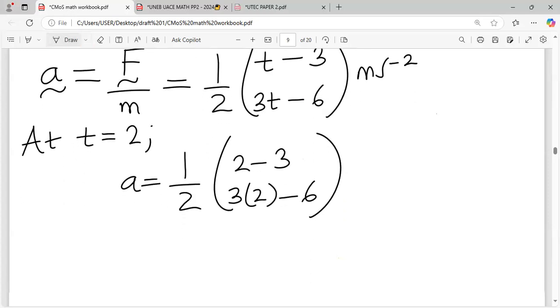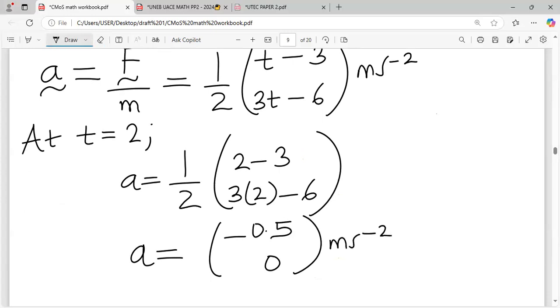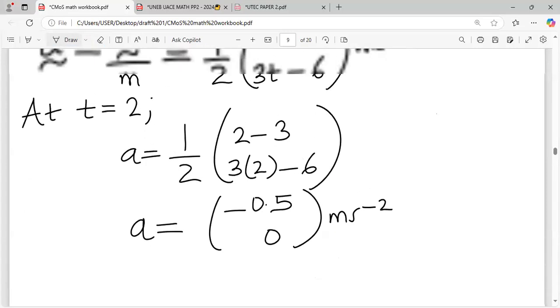After that, what are you going to get? On top we shall have 0.5 but a negative. I don't know whether people are seeing all that. Then here down we shall have a 0. So it is in meters per second squared. So that is the axis. That is what we have so far.